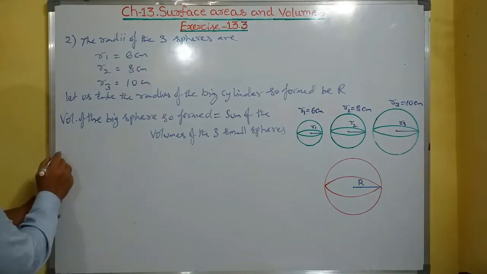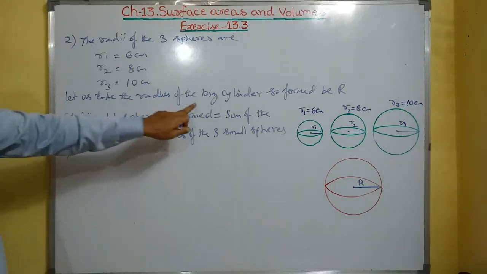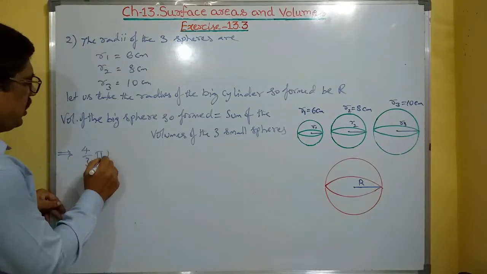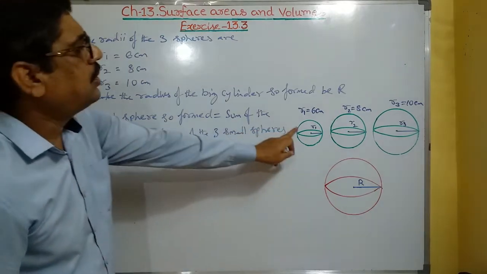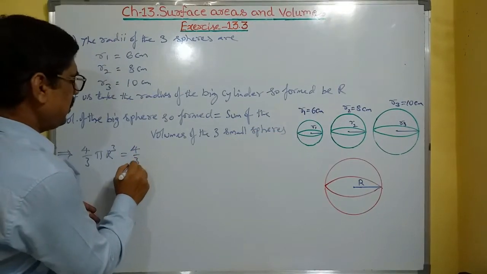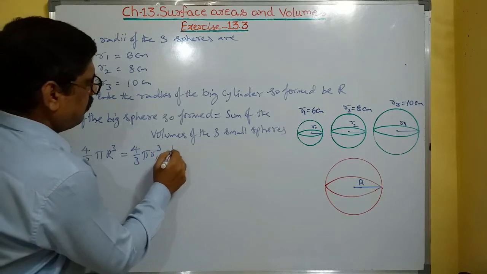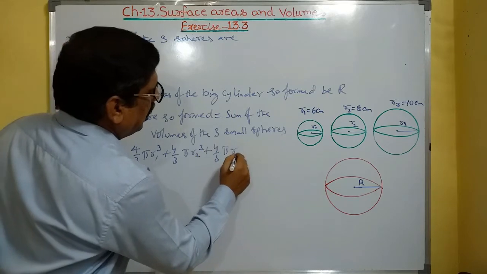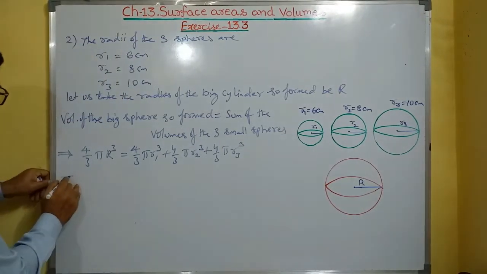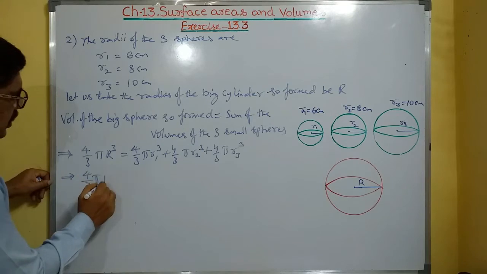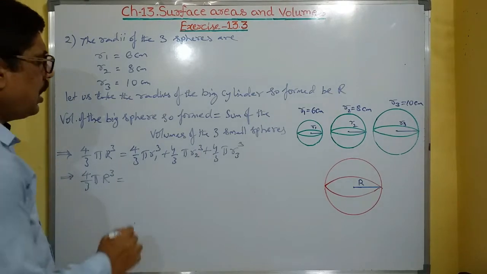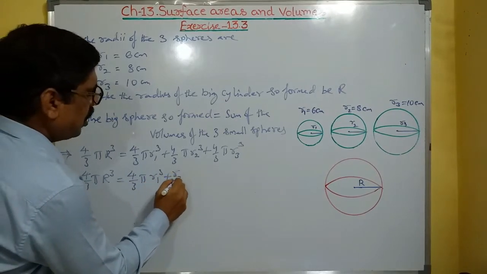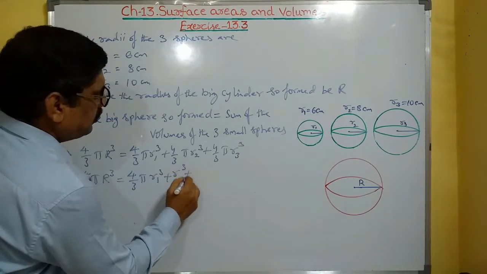Now, what is the volume of the big sphere? We have taken the radius as capital R, so 4 by 3 pi capital R cube, and here this is 4 by 3 pi R1 cube plus 4 by 3 pi R2 cube plus 4 by 3 pi R3 cube. Now let us write like this: 4 by 3 pi capital R cube is equal to, here in the RHS we can take 4 by 3 pi common, R1 cube plus R2 cube plus R3 cube.